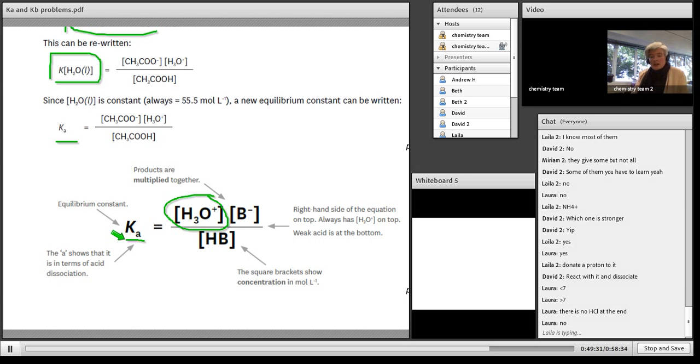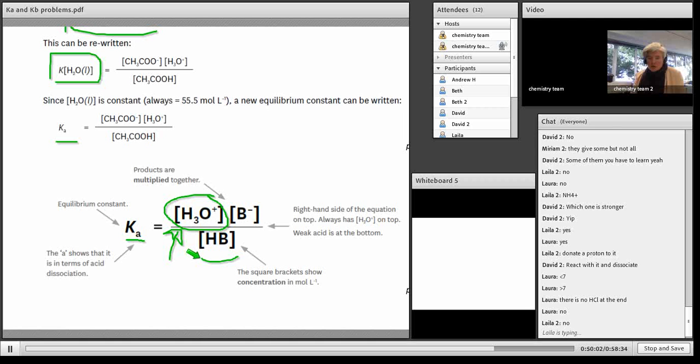So always check that once you've written your equation, your expression finishes up with that H3O plus at the top. If it doesn't, you haven't got the Ka. So it's always the hydronium ion at the top with the conjugate base, and then the undissociated acid at the bottom. Any questions on how you would work that out? Do you think you could work that out?